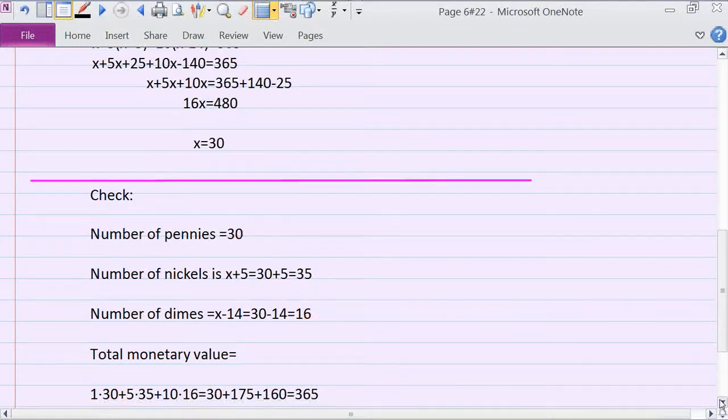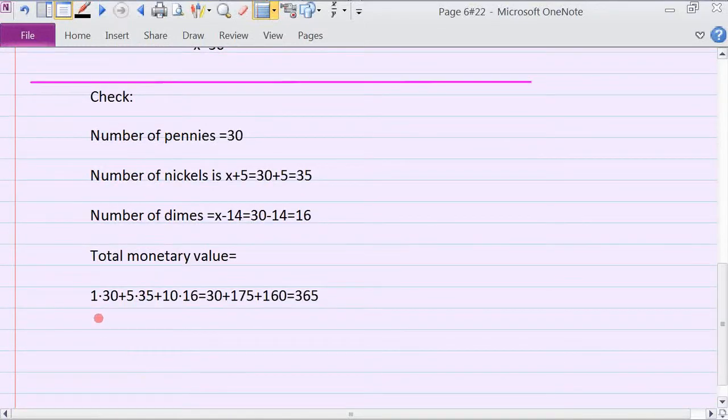If I take the total value of this, 1 cent, and I've got 30 of them. I've got 35 nickels multiplied by 5 cents each. That gives me the total monetary value of the nickels. I have 16 dimes, each worth 10 cents.